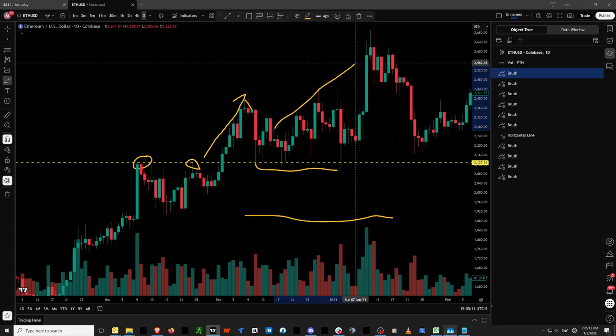So when you see a candle like this one right here, reaching down below that line, it is trying to trigger all these people's stops. Now, sometimes it can reach much deeper.